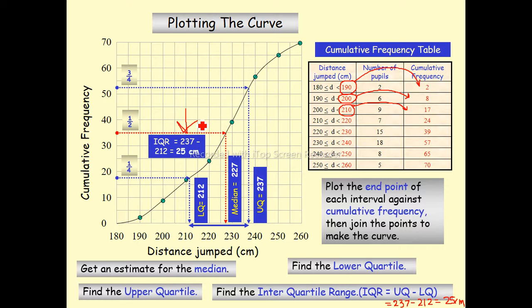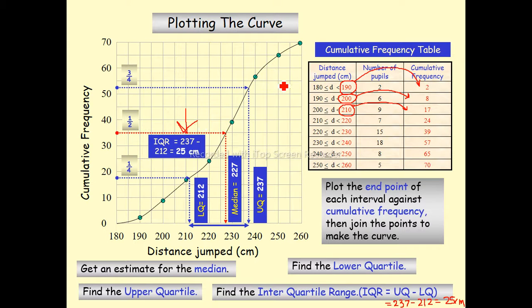Now, the significance of the interquartile range is that it is, in a sense, the true range because it ignores all extreme values. It gives you a better understanding of your data and shows what is normal.